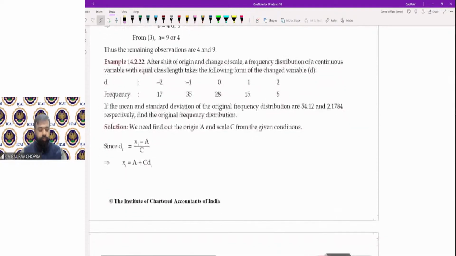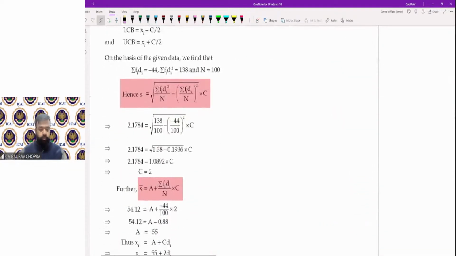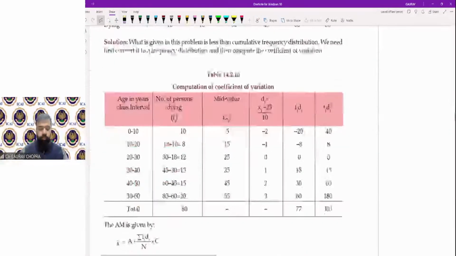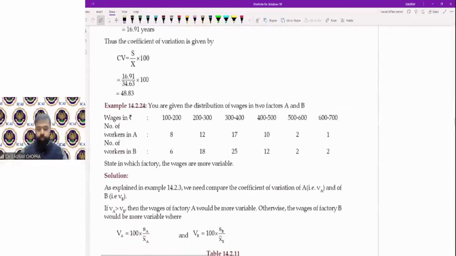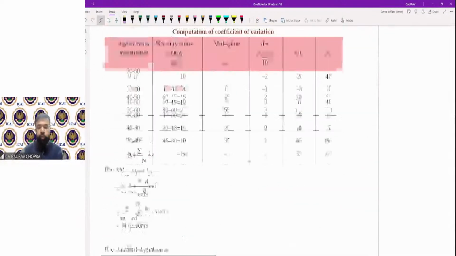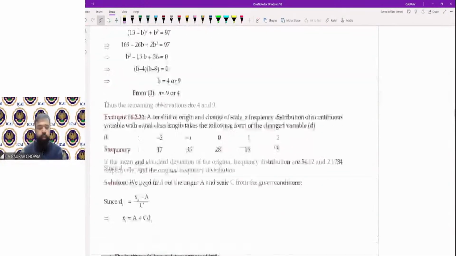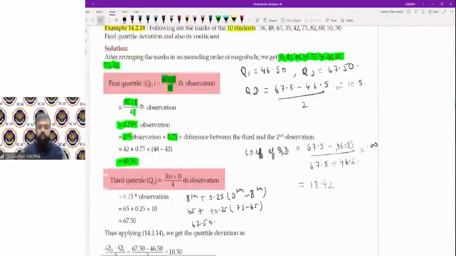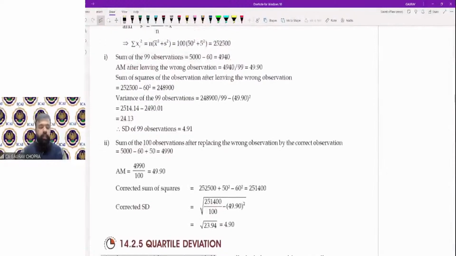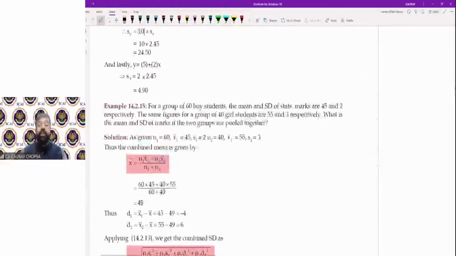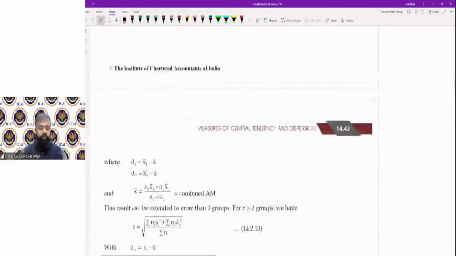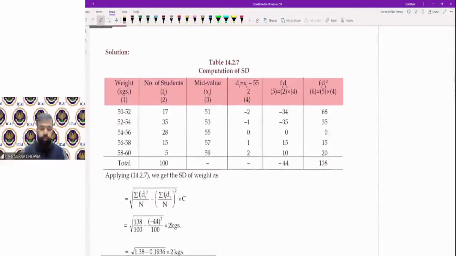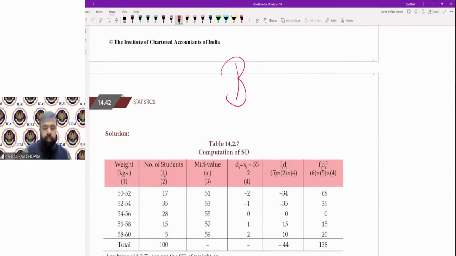Okay, so before moving forward to mean deviation, let us take a small break of 10 minutes, and then we will be continuing with the topic mean deviation. Okay, so let's take a break.